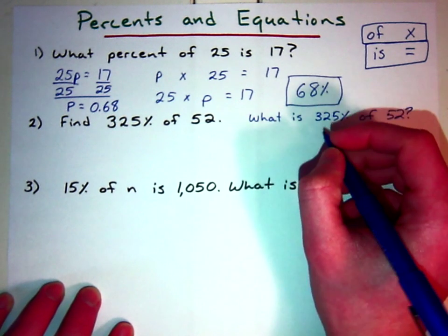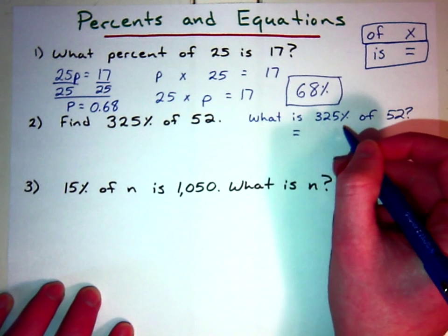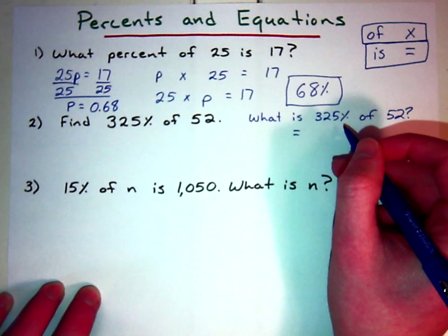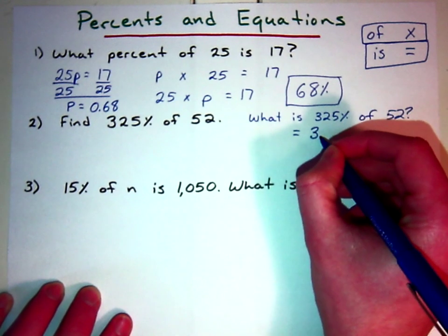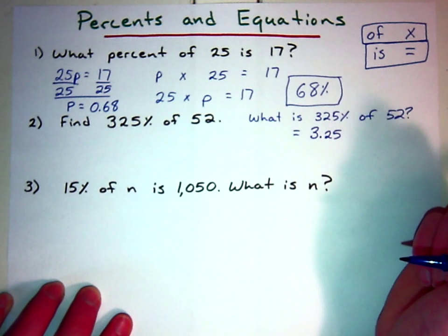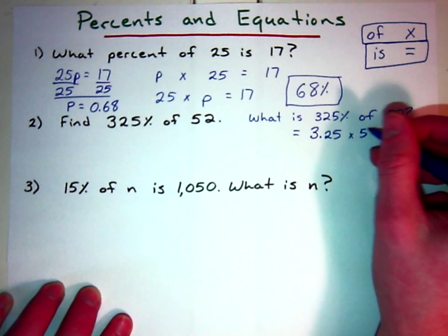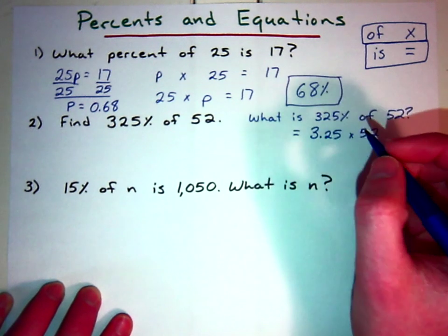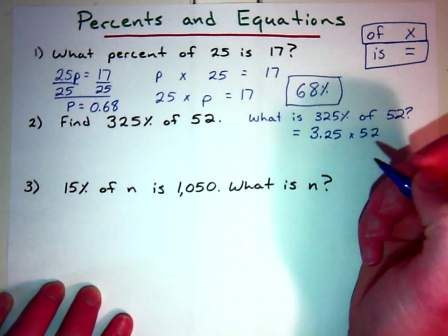We know that is means equals. We know that 325%, well, I told you in example 1, when we're doing the algebra, I actually want it in decimal form. So I'm going to turn it into decimal form. So 325% is equal to 3.25. Of means multiplication, 52, and for this one, we don't know what it will equal, so I'm going to write a variable, okay?